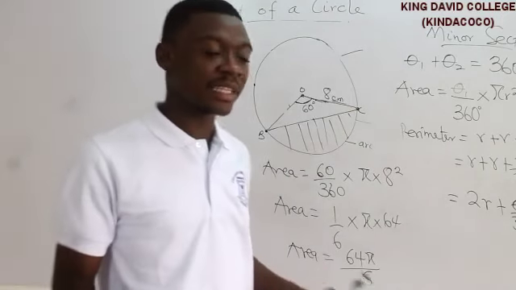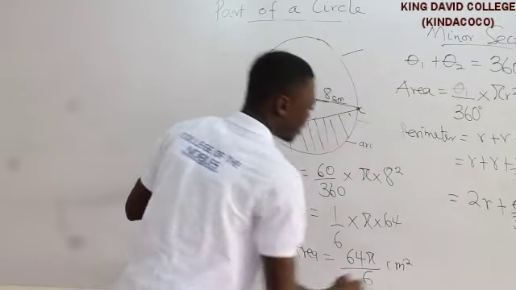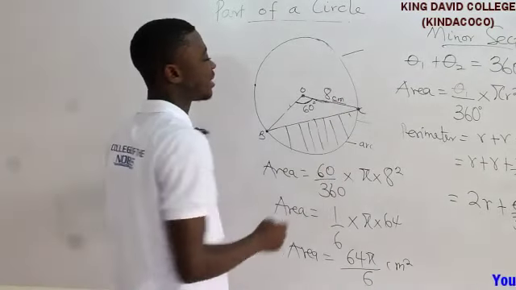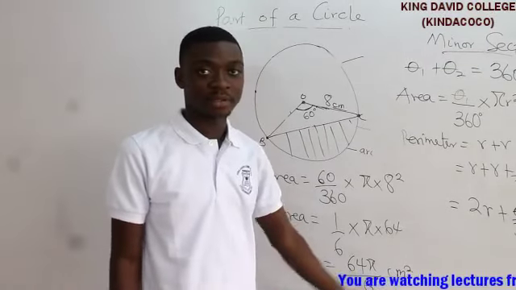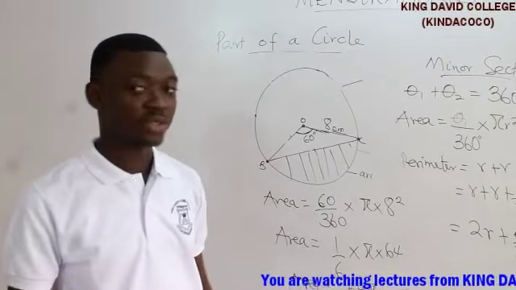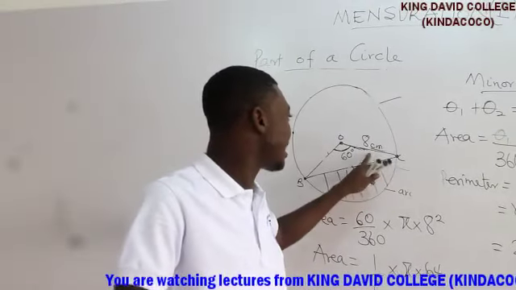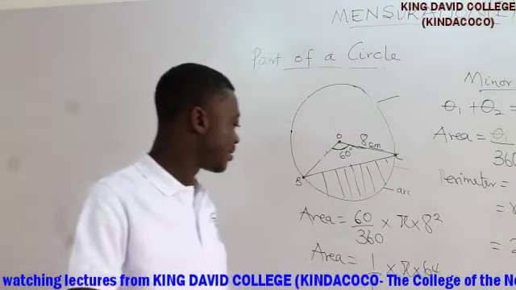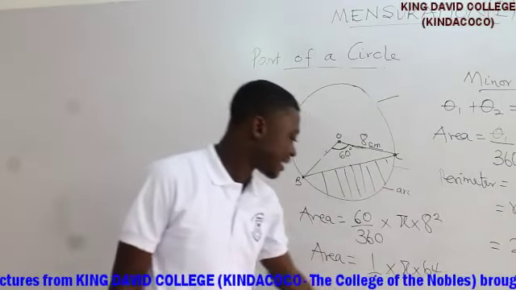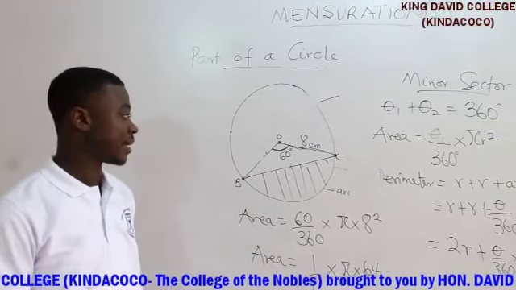If it's in centimeters, then my answer will be in centimeter squared. If the SI unit of the radius is meters, then my answer will be in meter squared. If it's in kilometers, it should be in kilometer squared. So look at the SI unit of the radius, then we use it to get the unit we are going to use for the area.